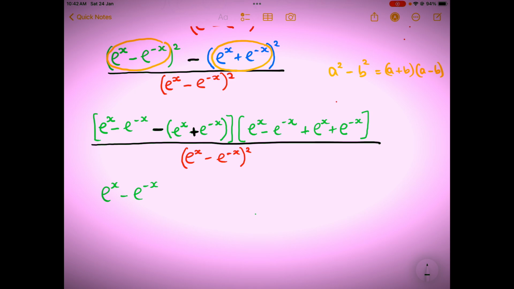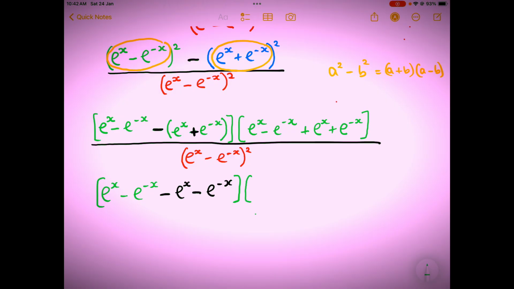So now this negative sign is going to multiply all those terms inside the bracket. So I'll get negative e^x minus e^(-x), like this. This is what I am getting for that part after simplifying to remove the bracket.